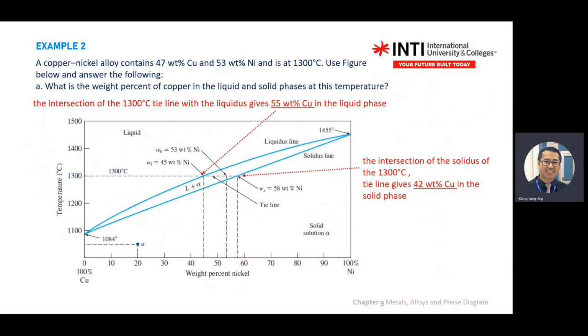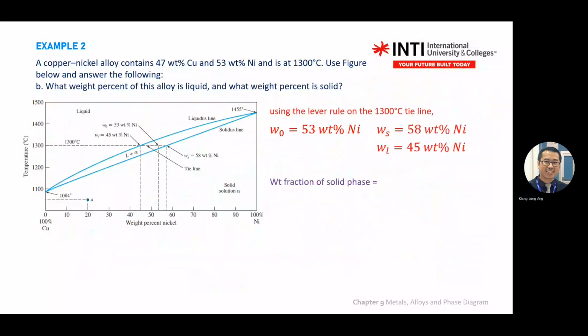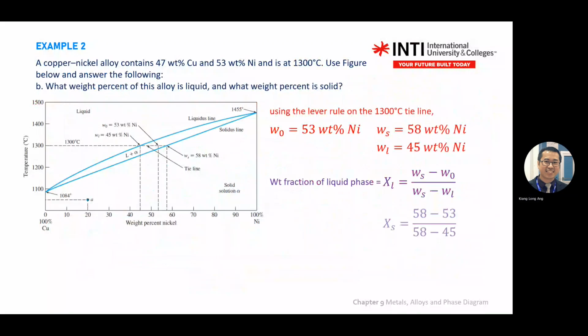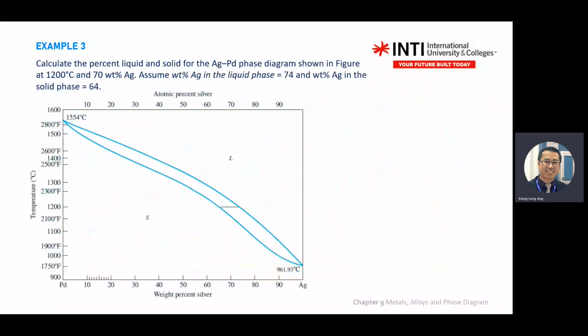To find the percentage of copper, you just flip to the other percentage. Then B, you just use the rules. B is more on the solid or liquid. This is very simple mathematics. Once you understand the ratio, how you find the thing, then it's no issue.